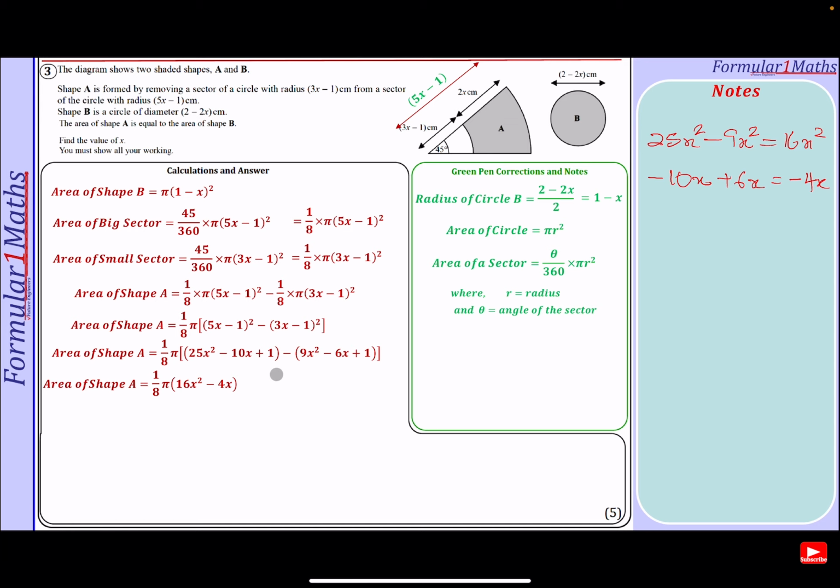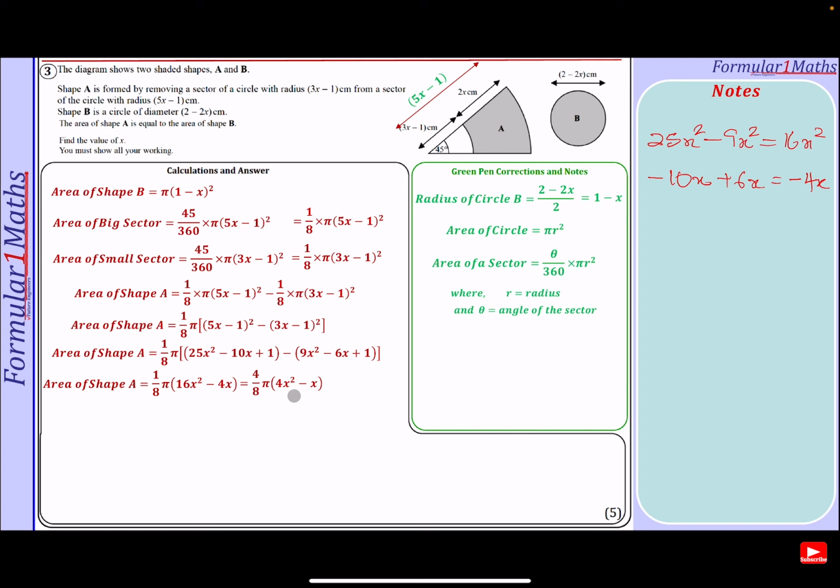We are told that the area of shape A is equal to the area of shape B. So we can go and equate them. Now, before we equate them, we could have factorized the 4 out. So there's a 4 here, I can get a 4 here, and I can get a 4 here. So that can come out to get this.